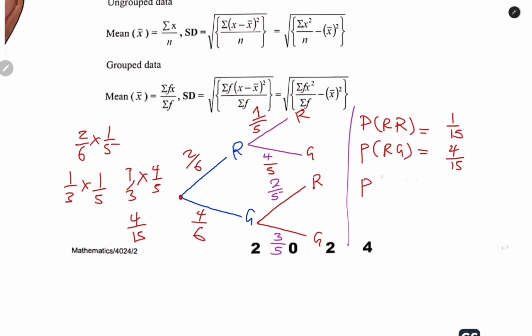Then what about the probability of, this time around, green, red?